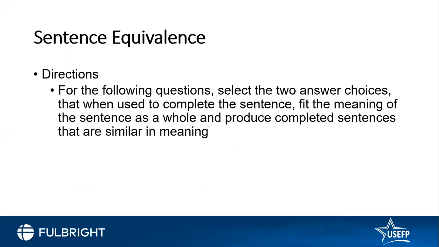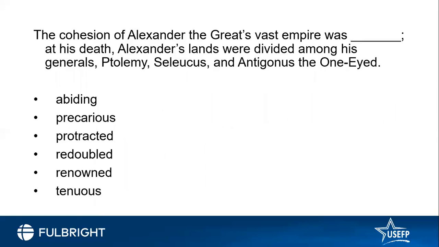Now coming to the last set of questions, sentence equivalence, in which you have to find two answer choices that, when used to complete the sentence, fit the meaning of the sentence as a whole and produce completed sentences that are similar in meaning. So you need to find two words. Sentence equivalence, like sentence completion, is a direct test of your vocabulary. The cohesion of Alexander the Great's vast empire was dash at his death. Alexander's land was divided amongst his generals.